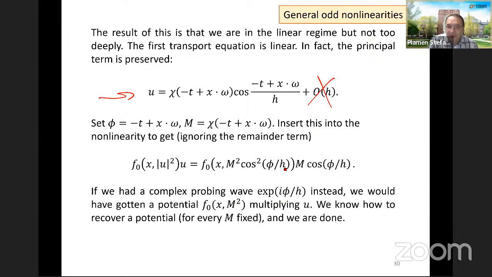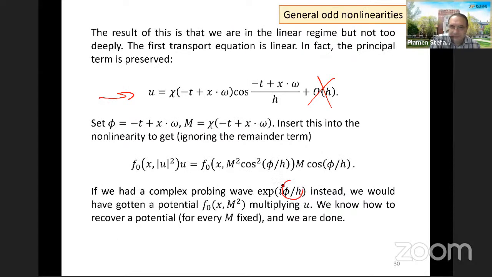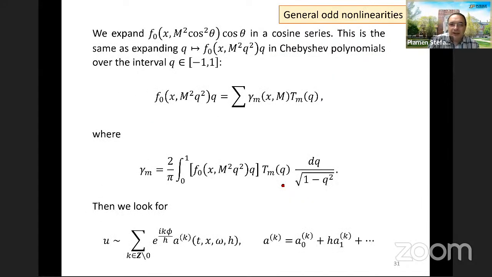Well, what do we do? We just expand this in Fourier series. So expand that thing in Fourier series, well, cosine series, because of even-odd properties, in terms of the variable theta. What is theta? Theta eventually is going to be that. And this is the same as expanding this function in Chebyshev polynomials on the interval [-1, 1].